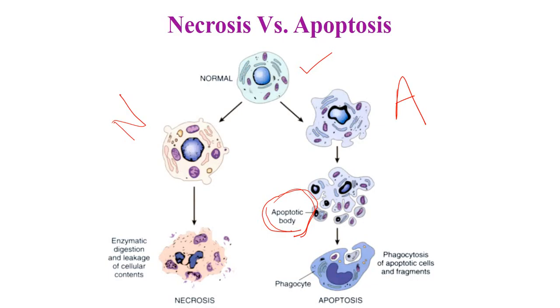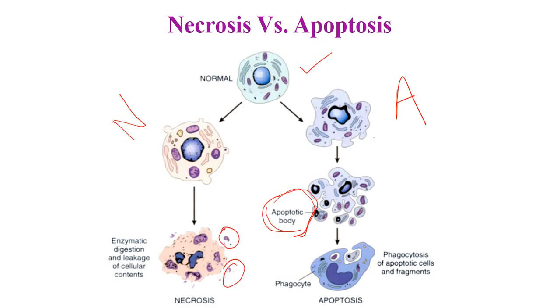Look at the left side of the panel. This is necrosis. In necrosis, there is enzymatic digestion and leakage of cellular components. Now, using an analogous situation, I always say apoptosis is like a person committing silent suicide. Only that person knows that he is dead.